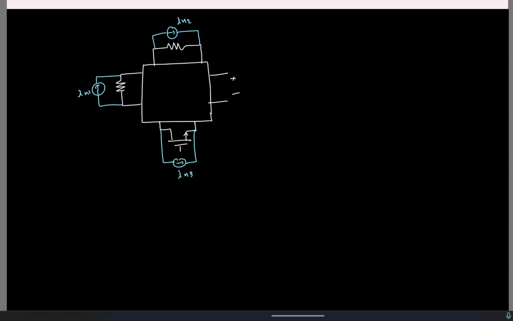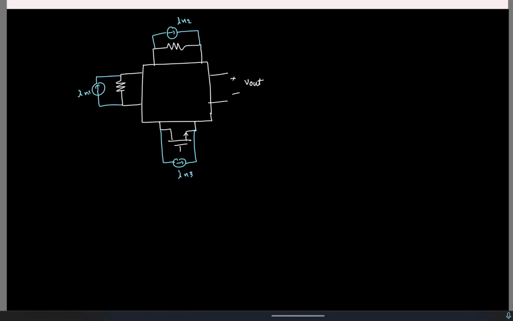How will I find the total power spectral density at the output? Summation of? Yeah, I mean, note that all these noise sources are uncorrelated first of all. Okay, so let me start from here. And this network itself could be nonlinear because you have lots of MOSFETs, but we are dealing with noise.